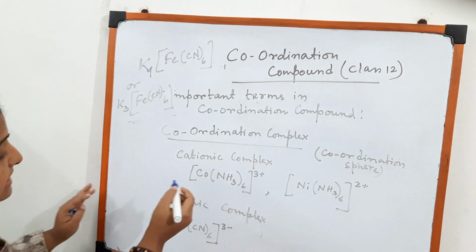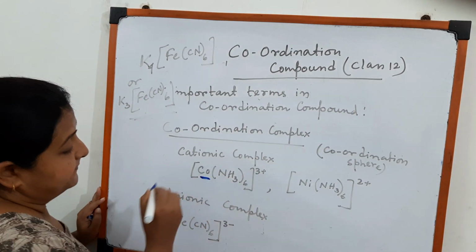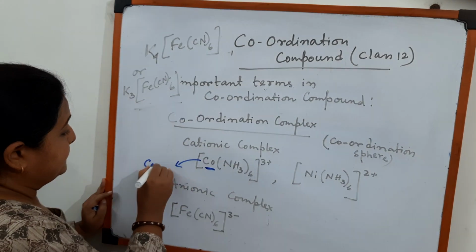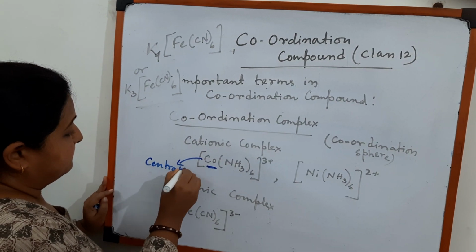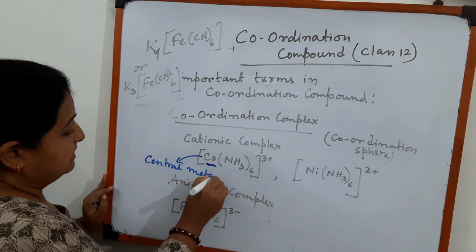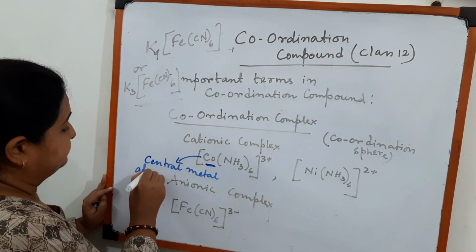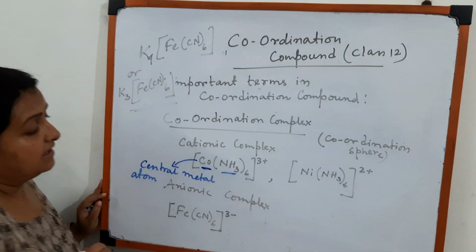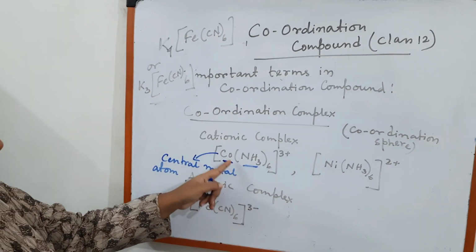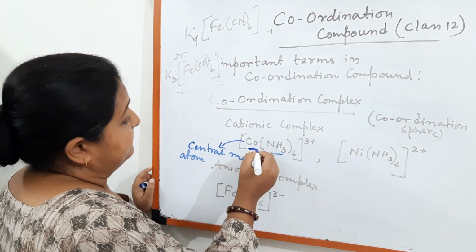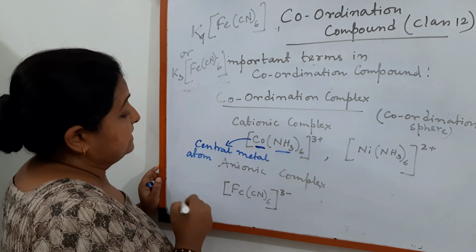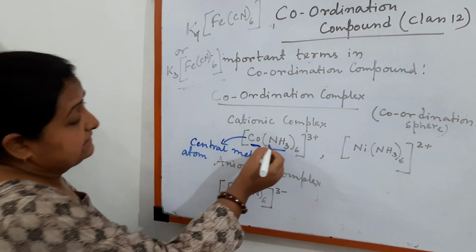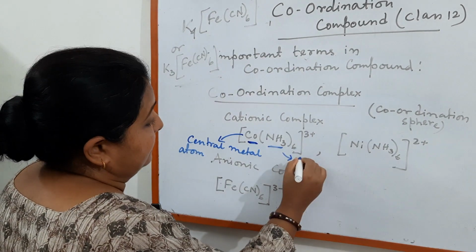There is a metal atom, and this is known as the central metal atom, and these are attached to the central metal atom by coordinate bonds, and these are known as ligands.